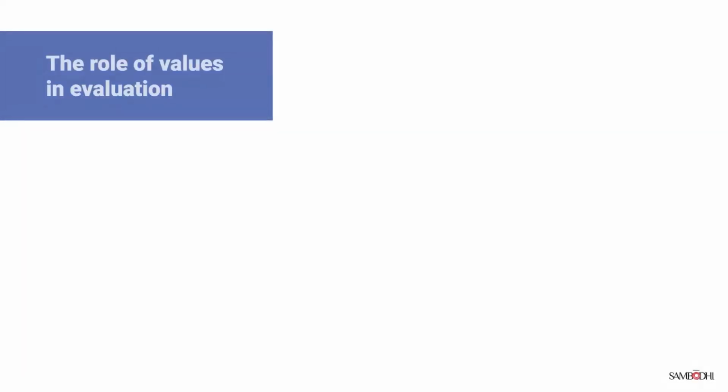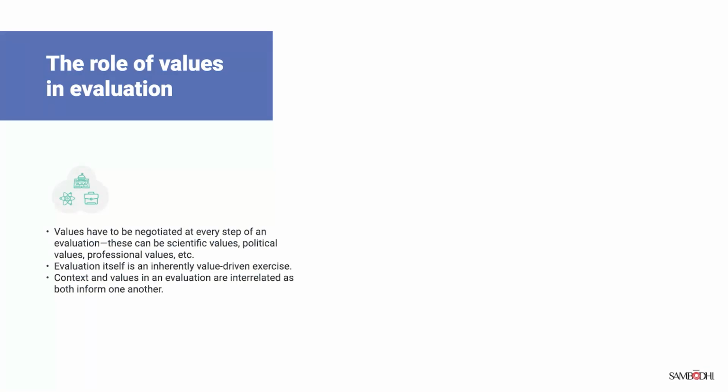In evaluation, the values are used to show what we want or what we want to find out about a program based on our concerns. The values have to be negotiated at every step of an evaluation, depending on their type, such as scientific, political, professional values, etc. Since the process of evaluation itself is an inherently value-driven exercise, the context and values in an evaluation are interrelated as both inform one another.